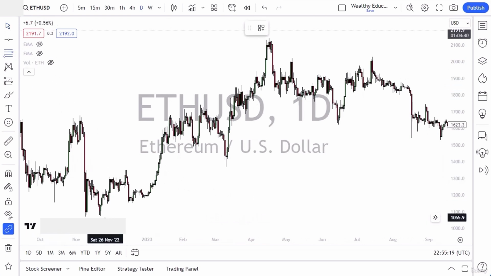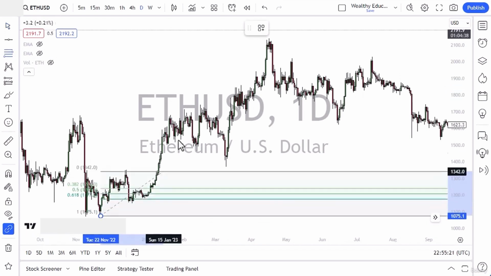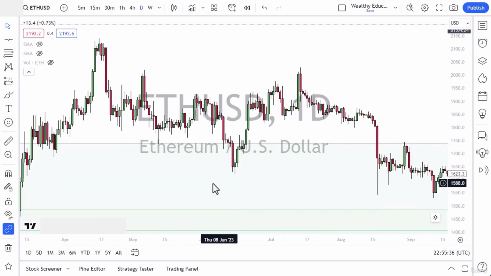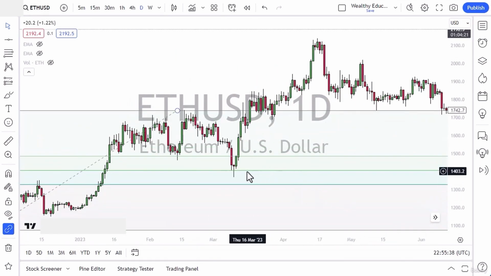But you can't jump in. Let's go back to this swing trade here. Well, you could have bought at 38.2 from this pullback, but it actually went about $150 lower than that. So generally what you're doing is looking for a Fibonacci level, like right here at the 50%, and a hammer.